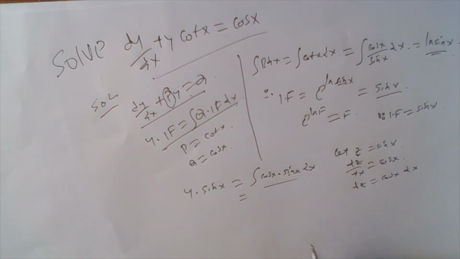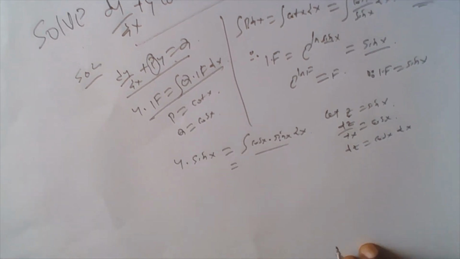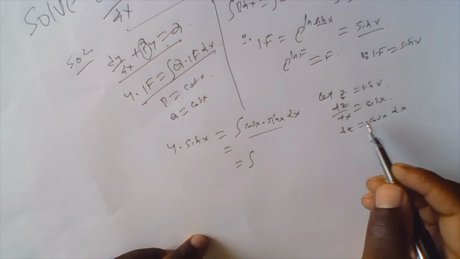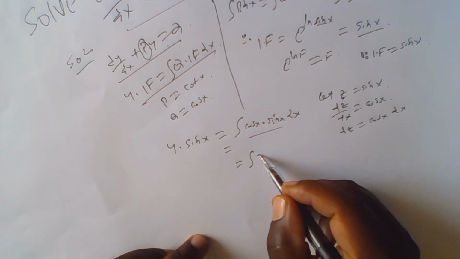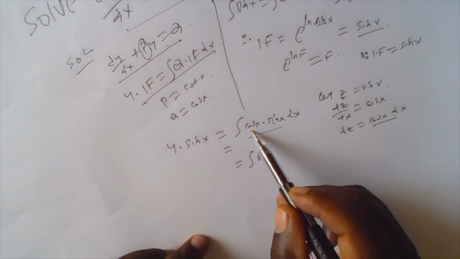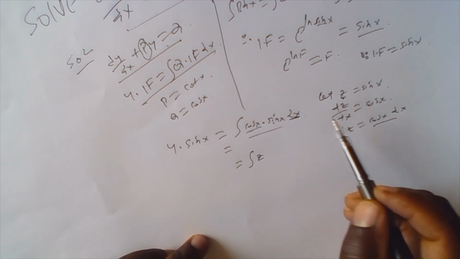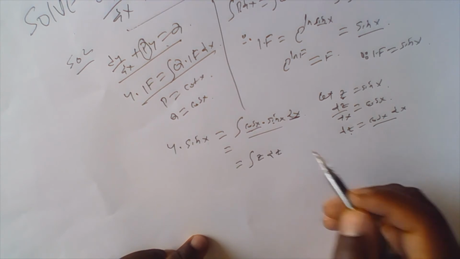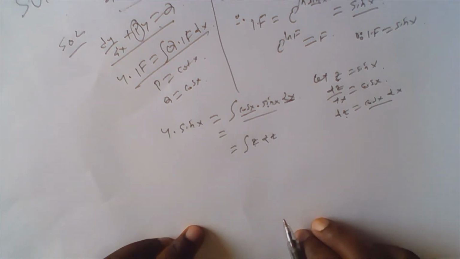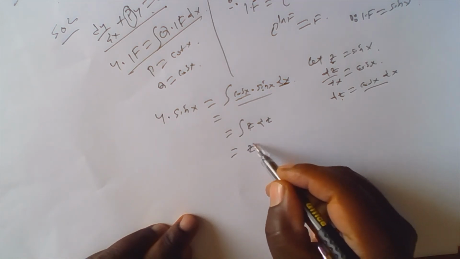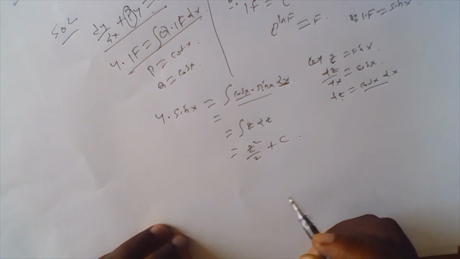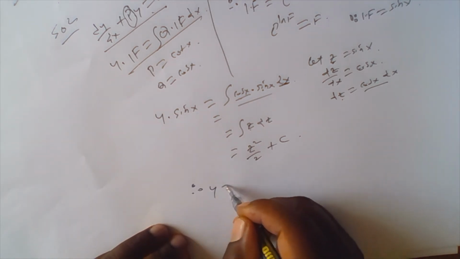Now our integral becomes the integral of z dz, since cos x dx is our dz. When you integrate z dz, you get z squared over 2 plus a constant of integration.